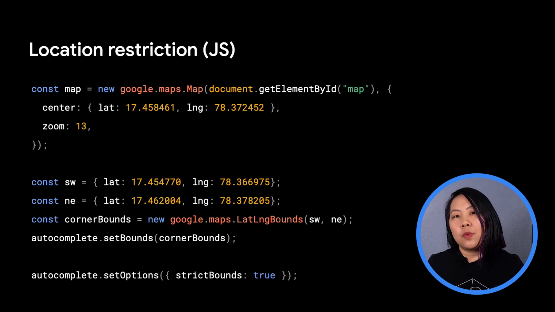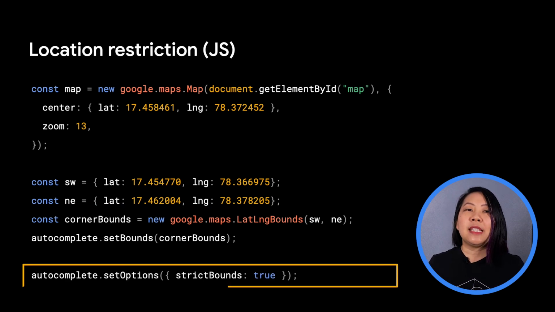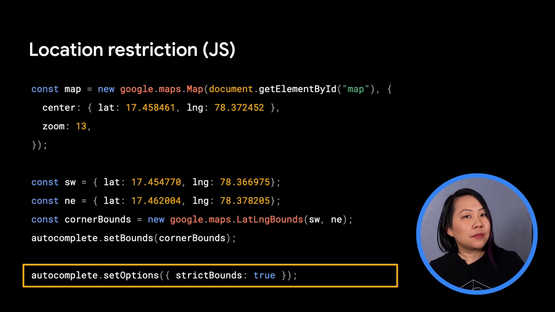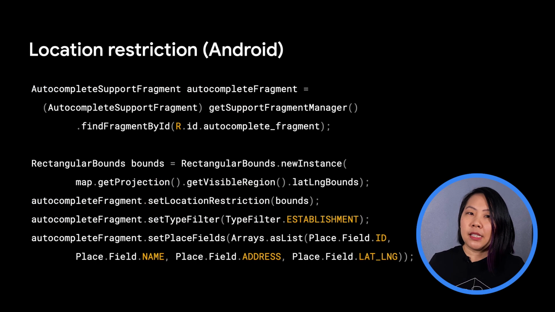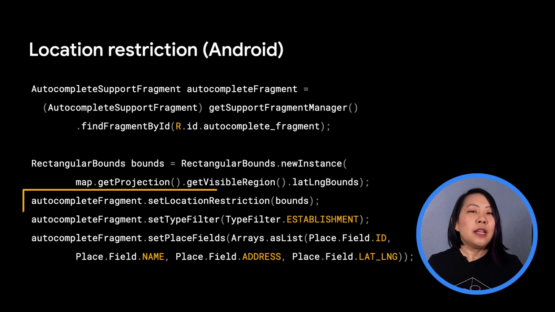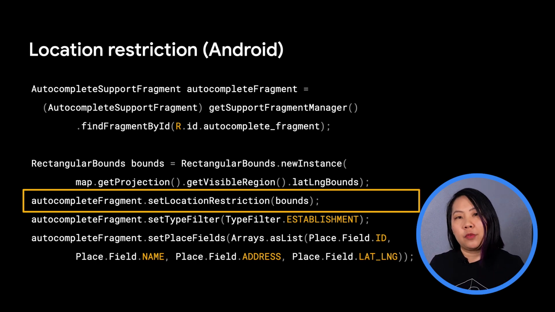If you know you only want to deliver predictions inside the boundary, define it as a location restriction. In the Places library Maps JavaScript API and the Web Services Places API, use the strict bounds parameter to return only results within a specific region. In the Places SDKs for Android and iOS, it's referred to as location restriction.